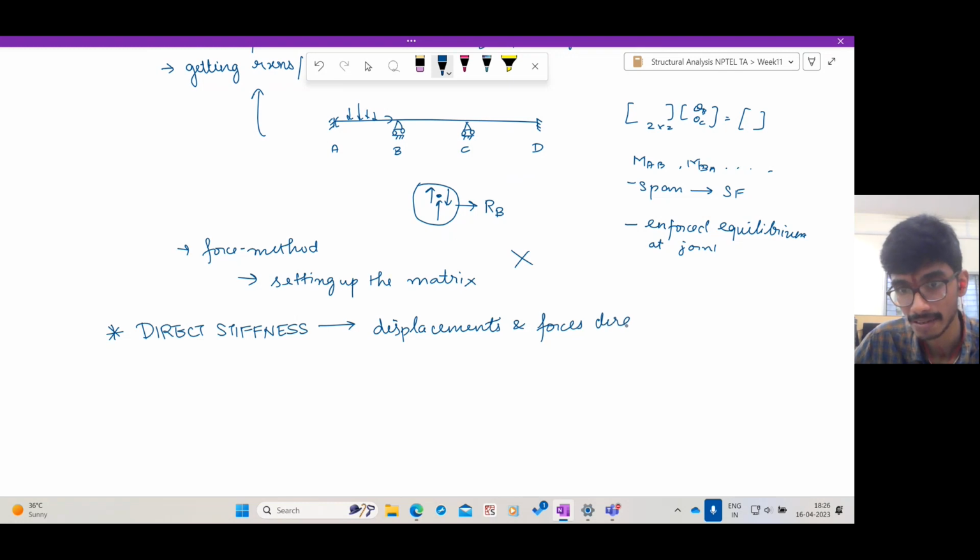We get them directly. That's a huge advantage as compared to the other methods. And of course, the other advantage is that it is very much computer friendly. It is programmable.